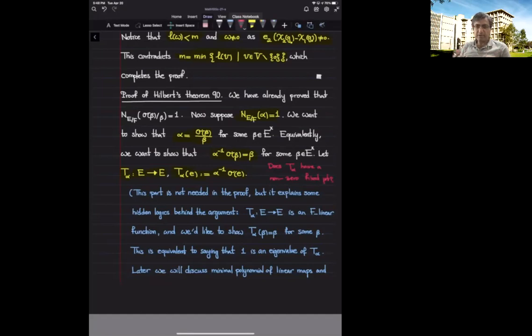Remember, if you have eigenvalue lambda, this means that there exists a vector such that T of v is lambda v. Now I'm asking, do we have a vector beta such that T sub alpha of beta is beta? So it's the same as asking whether or not T sub alpha has eigenvalue 1.